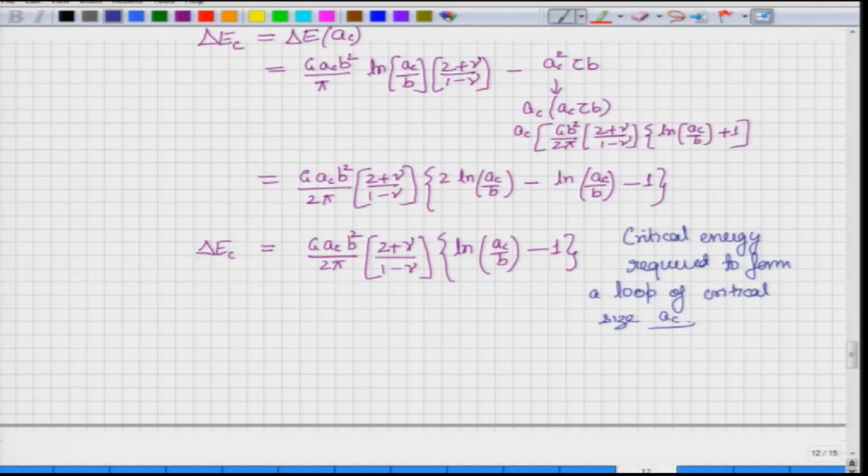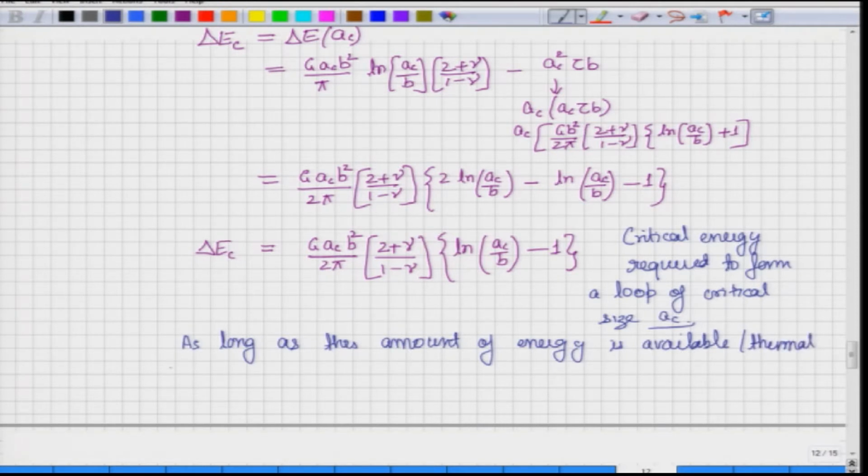As long as you can provide this amount of energy, maybe by thermal fluctuations, then dislocation loops can generate. Then stable dislocation loops can be generated.